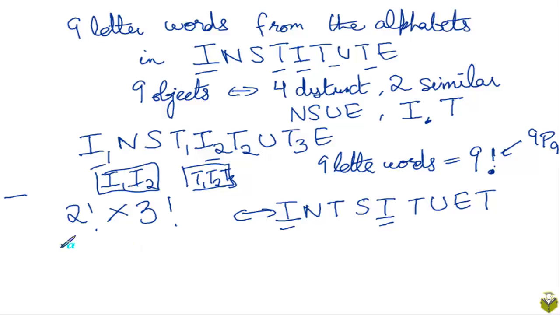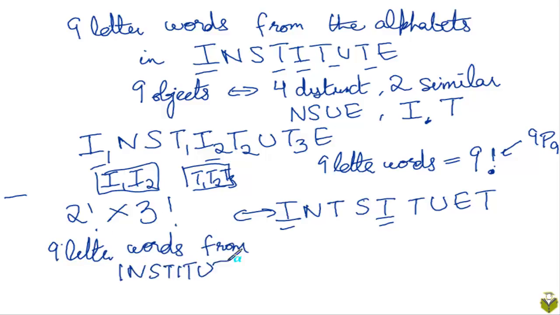So similarly now, as before, I'll say that 9-letter words from institute into 3 factorial into 2 factorial is equal to 9 factorial, because that is the number of 9-letter words that can be formed with distinct objects, right?